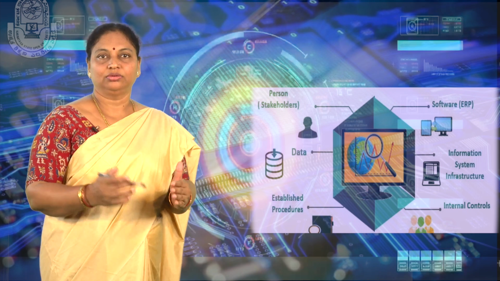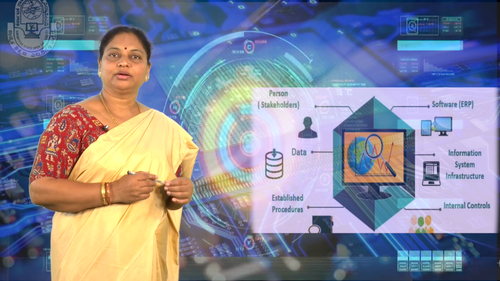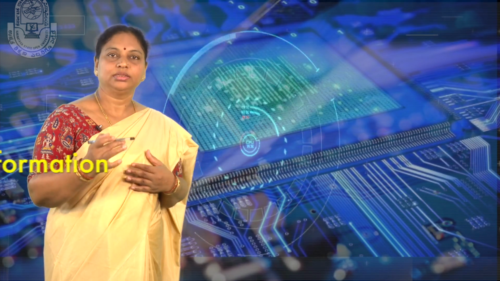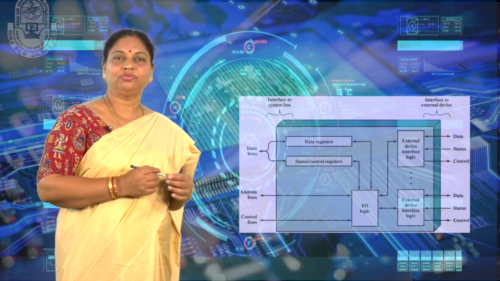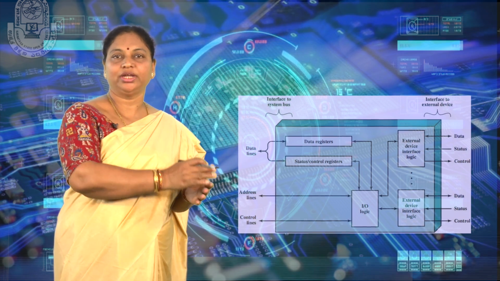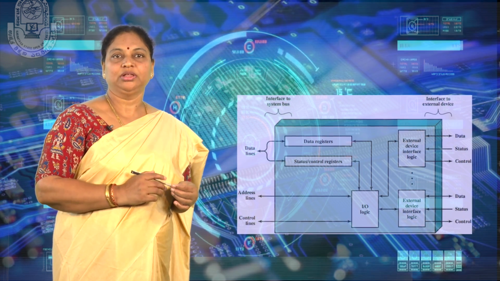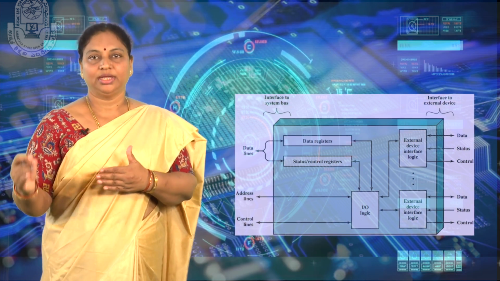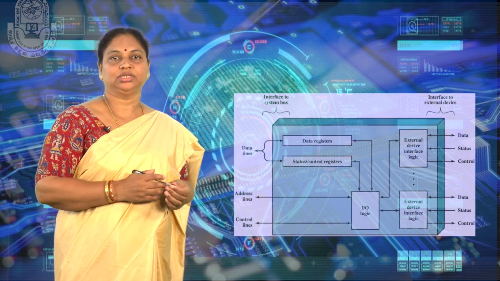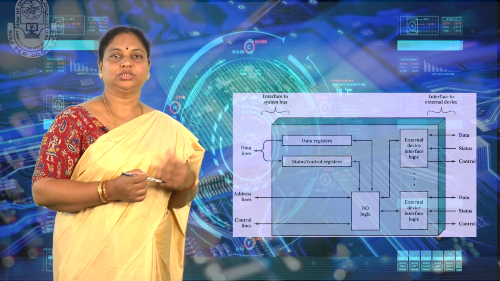All those accounts are stored in the accounting information. Then I/O status information. This information includes the list of the I/O devices allocated to the process and also how many files are opened during the execution of that process. That information is stored in I/O status information.